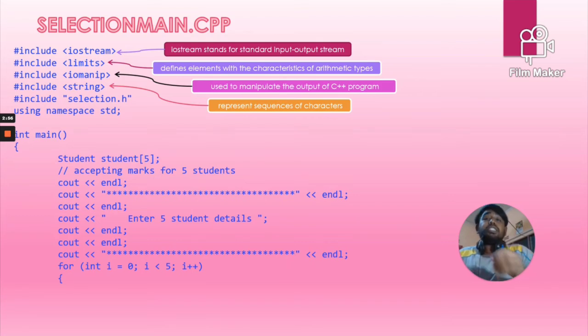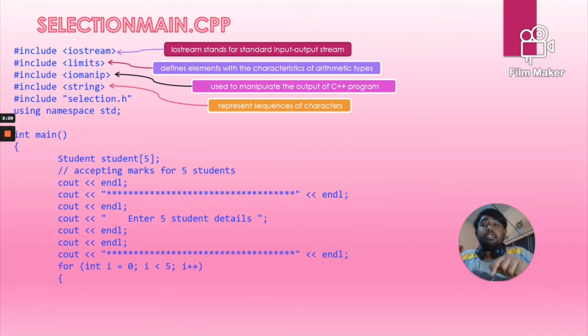Then cout star, we create a star for our creativity. So cout \n space again. Then cout enter 5 student details. This is our main topic in our output, so we place it at the center. Then cout \n which is a double space. Then cout star again for our creativity.